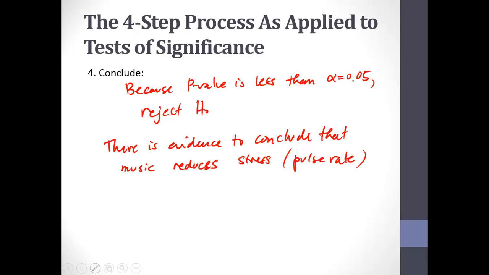We're going to assume that makes you less stressed. So again, because our p-value is really small, less than 0.05, we reject the null hypothesis, which means there's evidence to conclude that music does in fact reduce stress.